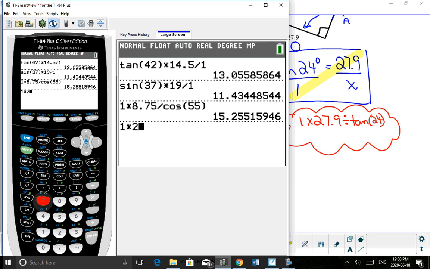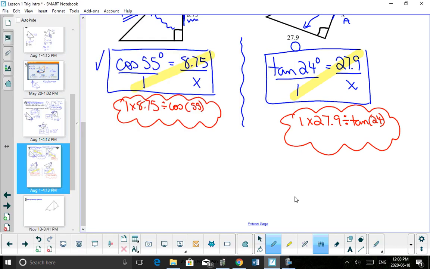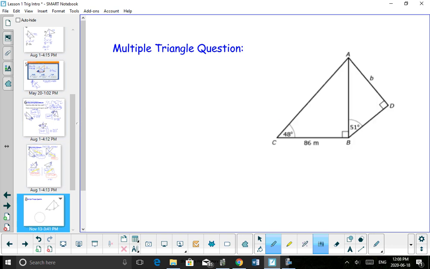So 1 times 27.9 divided by tan 24. So we get out 62.7. Okay, so plugging in side lengths are a little bit trickier than angles, but again, cross multiply, divide.